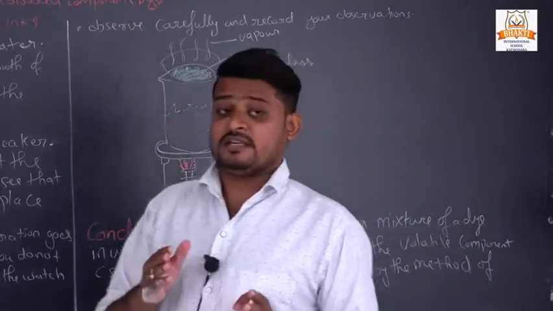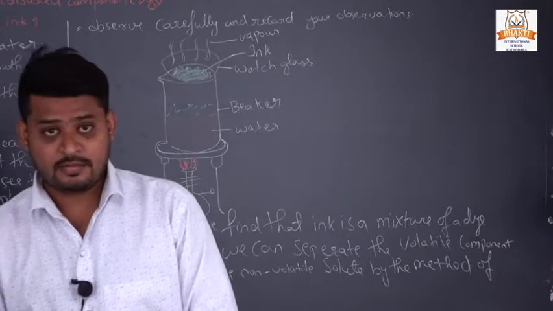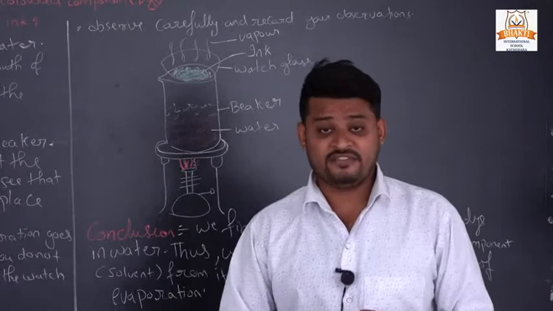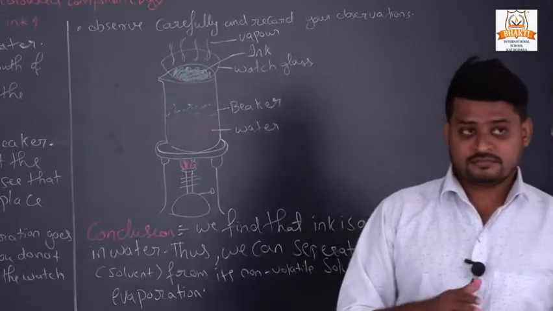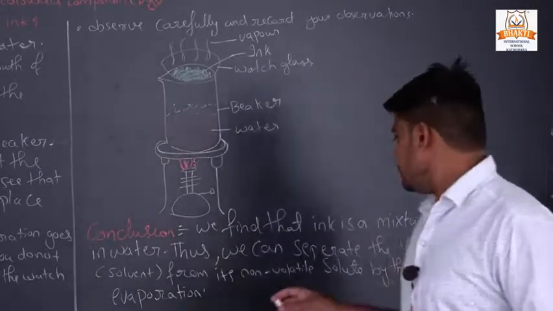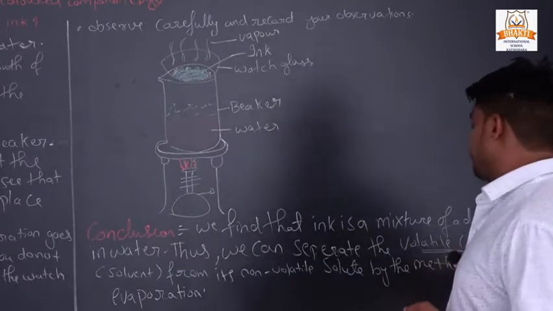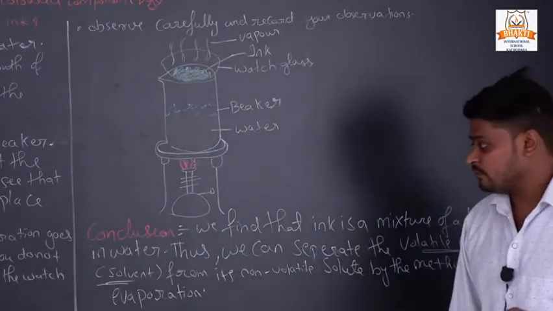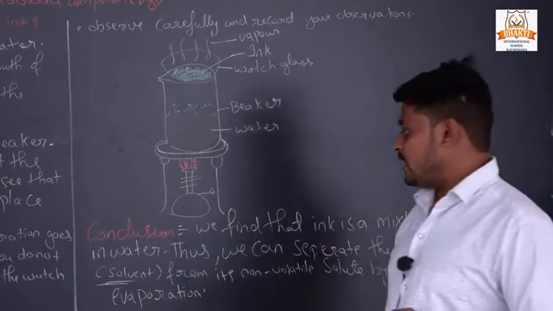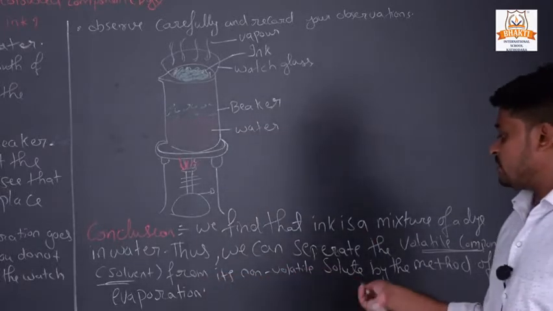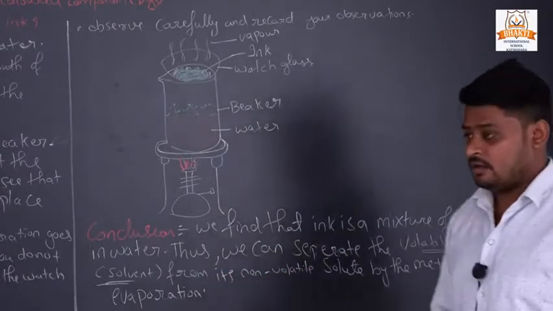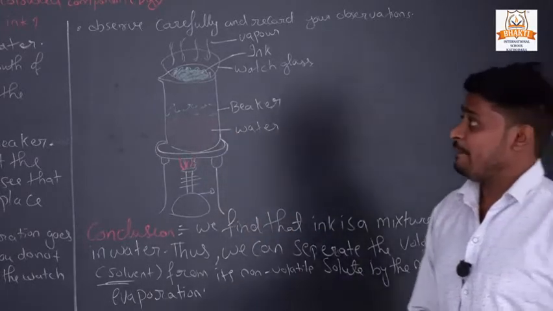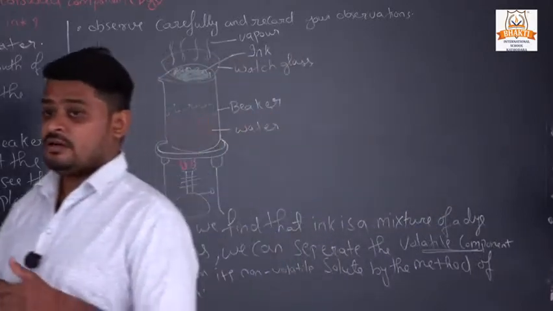One that can turn into gas, and another definition is that it changes very fast. That is called a volatile component, and here the volatile component is the solvent. And what is the solvent here? Water. Water is our solvent in the dye, and the non-volatile solute is the color. So from this method we separate a dye from its mixture.